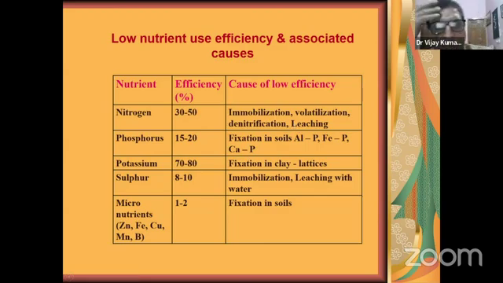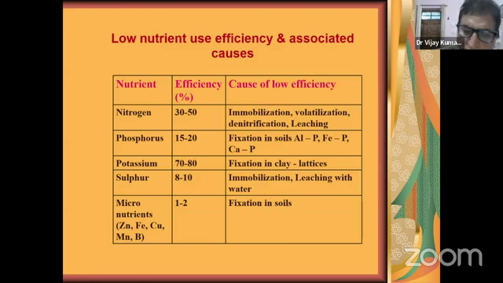Similarly, phosphorus gets fixed into the soil, and potassium also has fixation. For sulfur there is immobilization and leaching with the water. So we have to improve these nutrient use efficiencies because fertilizer is a very, very costly input.